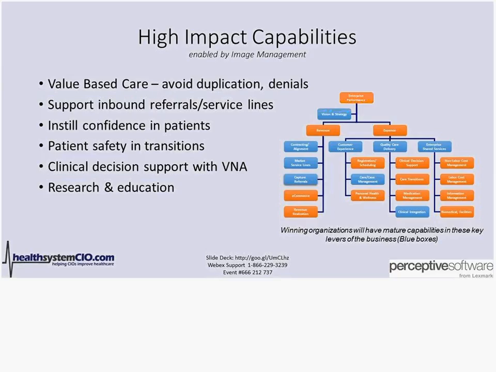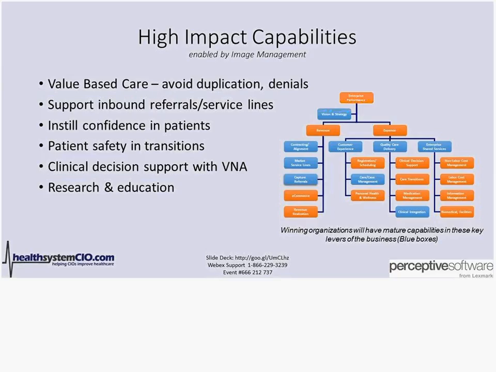So things like value-based care, supporting inbound referrals for your service lines. Those are high-impact capabilities of the business because it instills confidence, provides patient safety and transitions of care, a newly important capability of our extended health systems. Clinical decision support, being able to look at old images, and then research and education.